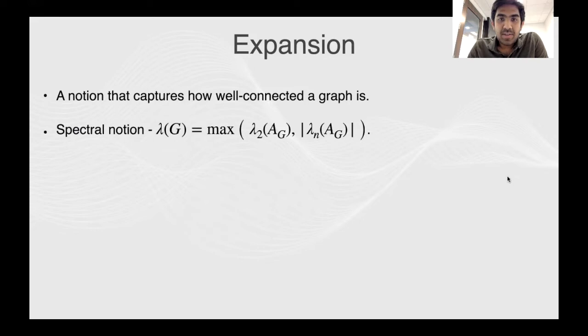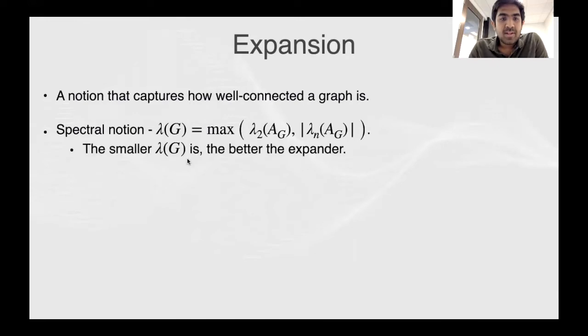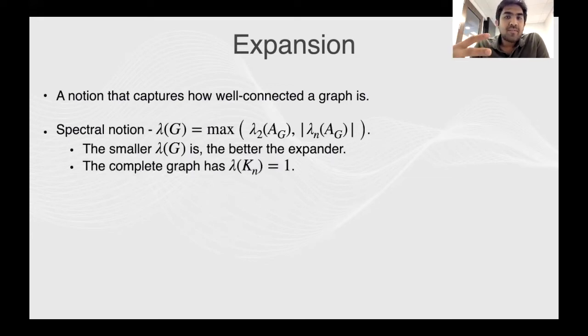You can compute its eigenvalues, where lambda_2 is the second largest eigenvalue and lambda_n is the smallest eigenvalue. So define this quantity called lambda of G for a graph G, and the smaller the value is, the better it expands. For example, the complete graph, which is the best an expander can get, has lambda of K_n equal to 1.